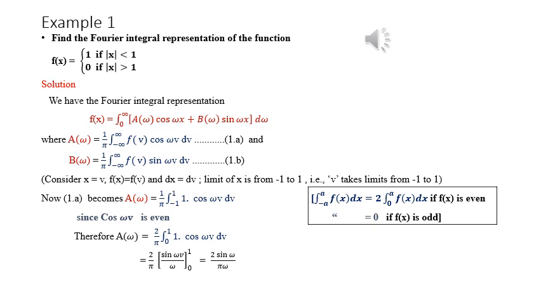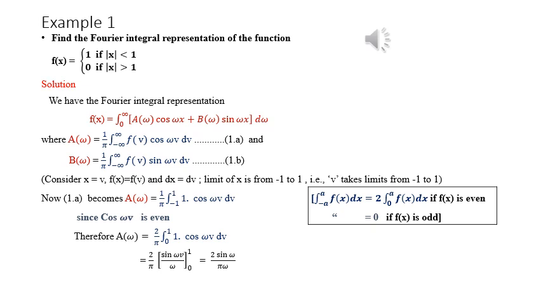So a of omega is equal to 1 by pi integral -1 to 1, 1 into cos omega v dv. Here I have written the property which we just said when we explained the Fourier cosine and Fourier sine integrals.